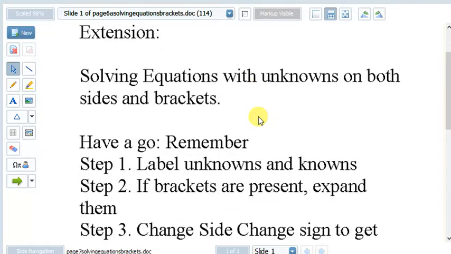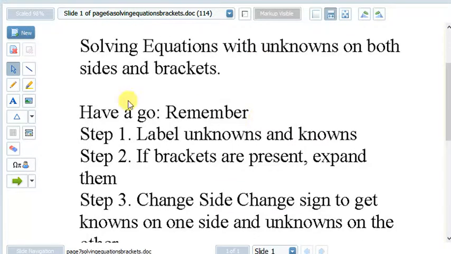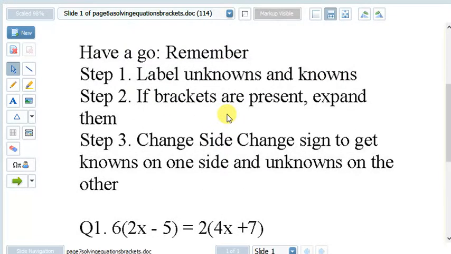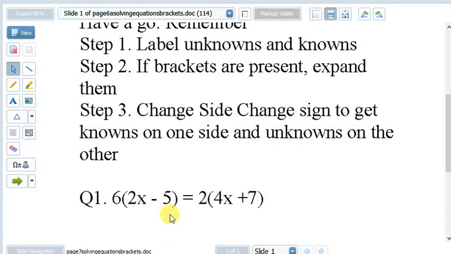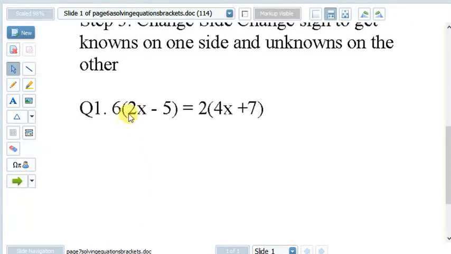Okay, so this is just a quick extension, and this is solving equations with unknowns on both sides and brackets on both sides. So again, you just stick to the rules that I've given you. Step 1 in this case would be to open up the brackets, as I've said before, and it would be both sets of brackets.